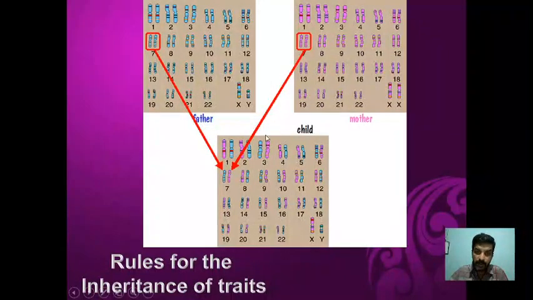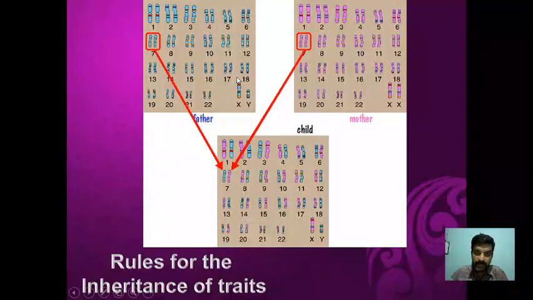Now, for example, say this is the human genotype. You can see here the first pair is lengthier, then a little bit shorter, shorter, keep on reducing up to 22, which are controlling the body characters, or these are considered to be autosomes. And of course the last pair is the allosomes, or sex chromosomes.